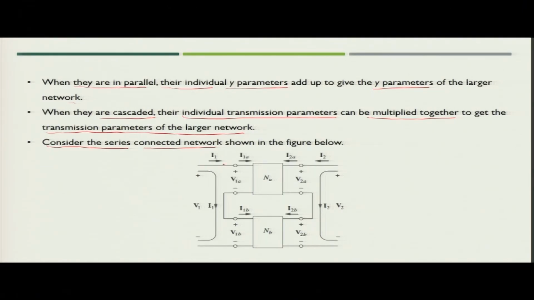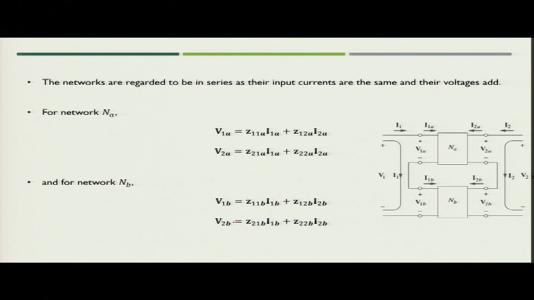Also, the current I1 which is flowing in network A will also flow in network B, because in a series network the current flowing through all the networks remains the same. So, we can say that the network is connected in series because you are adding up the voltages to get the complete network.